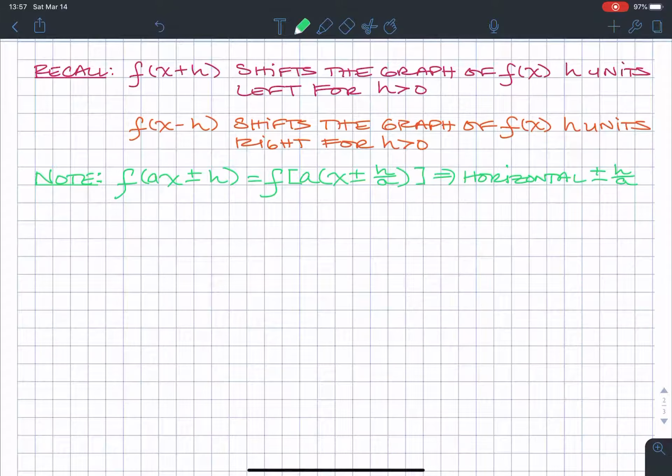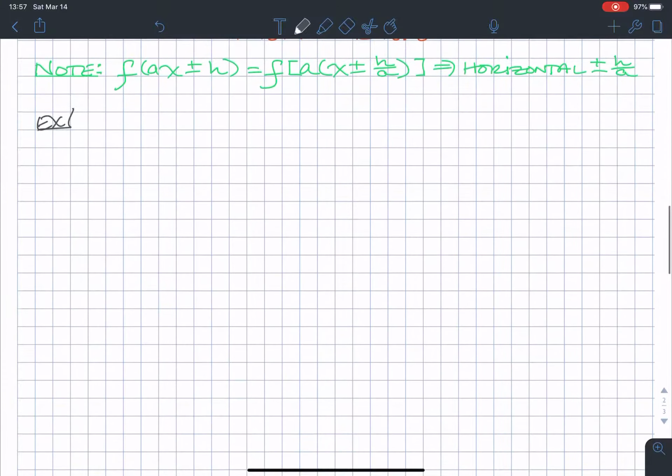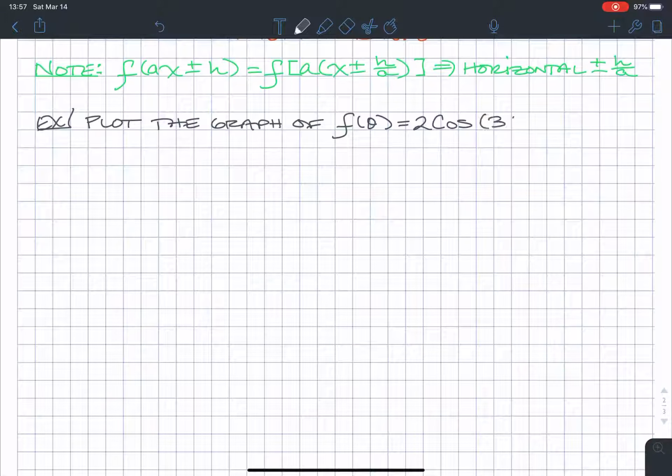Okay, given that, it's probably easier to see by example. So for example, let's plot the graph of f of theta equals 2 cosine of 3 theta minus pi.